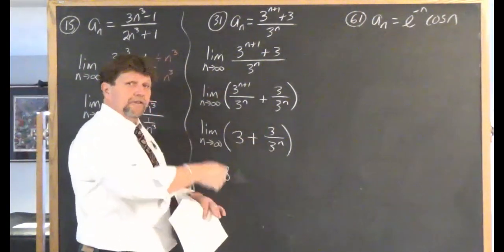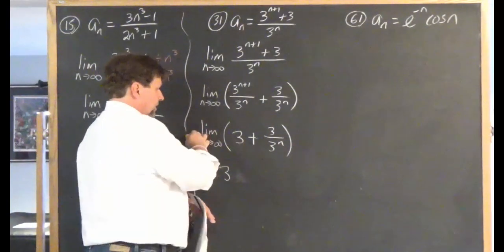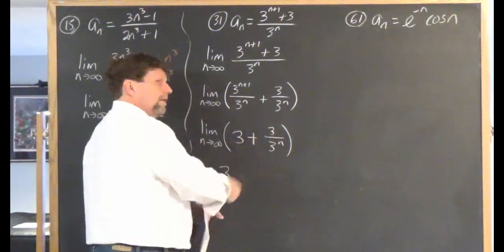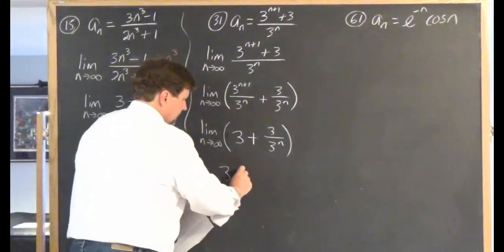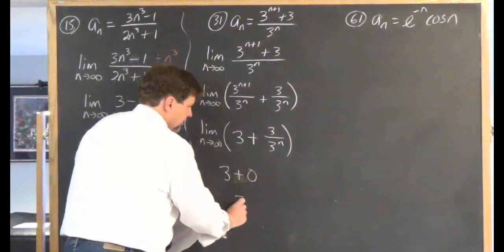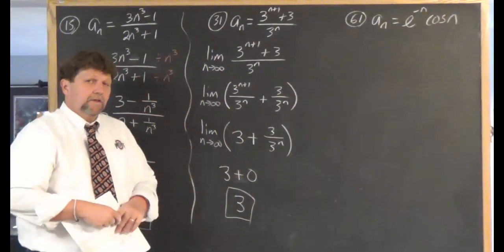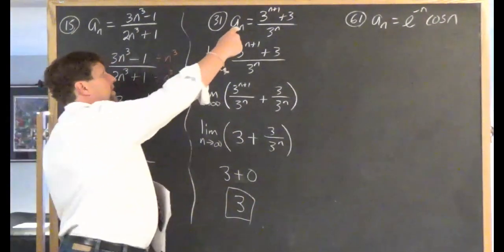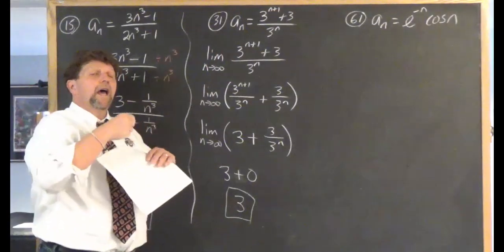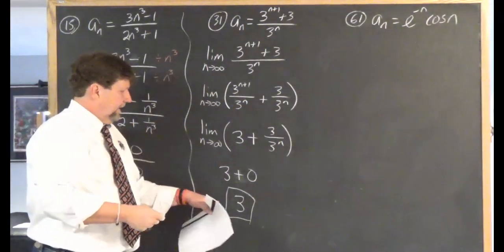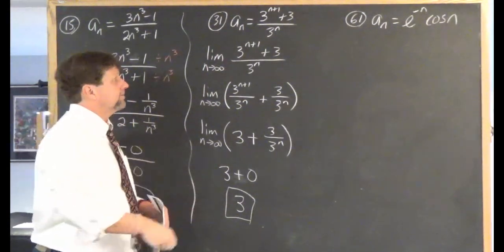Well, that denominator is getting incredibly large. So the limit as n goes to infinity of 3 over 3 to the n is just 0. So the limit is 3. So this sequence converges, and it has a limit of 3.